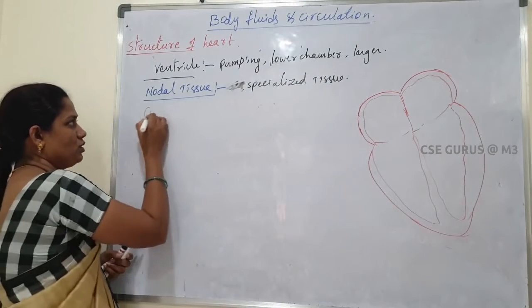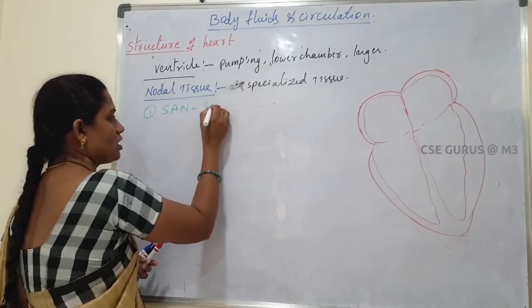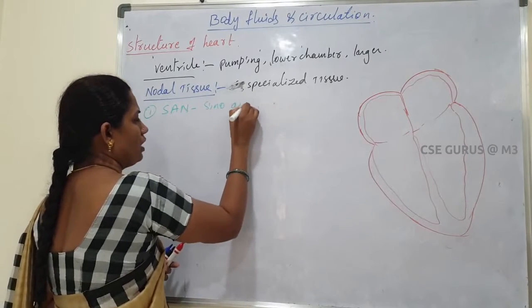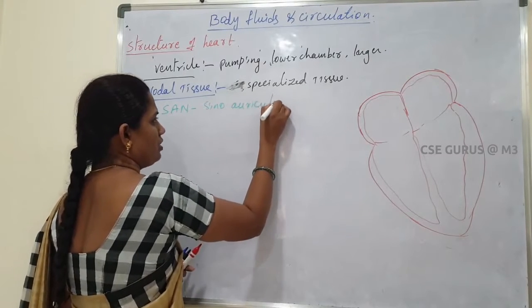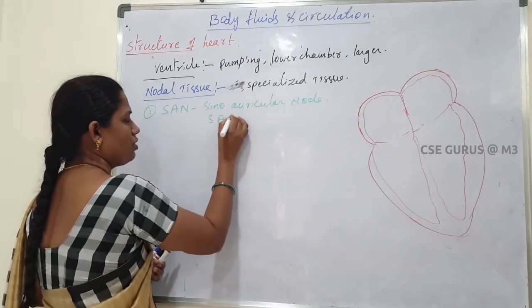The first one is the SAN, which means the sino-auricular node, or SA node.